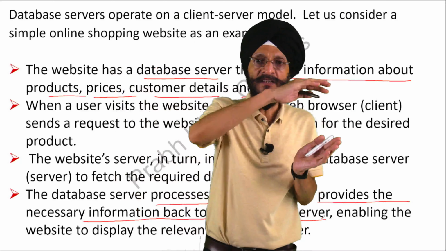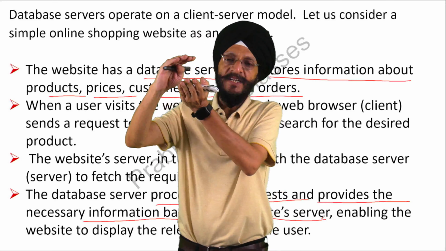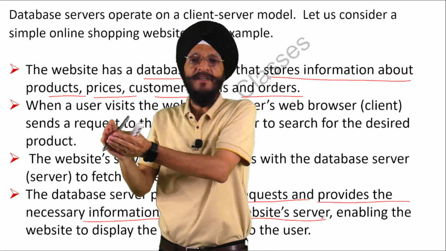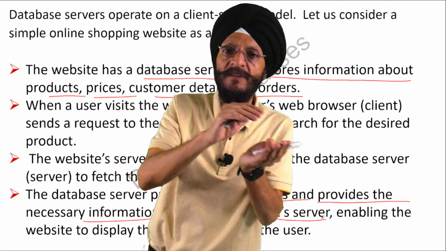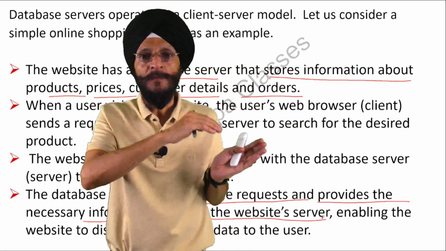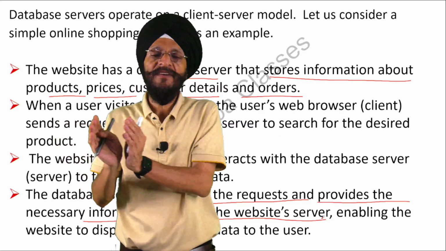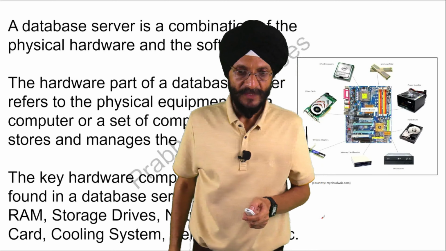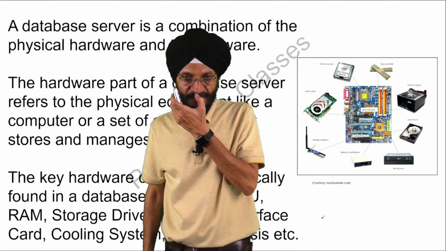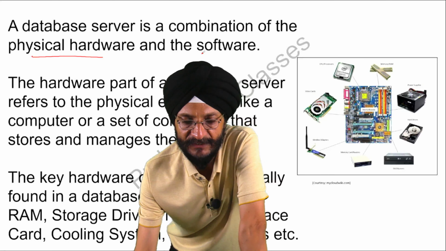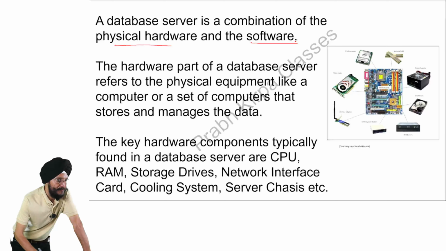So what is it all? The client visits the website server, the website server approaches the database server, the database server provides the result to the website server, and the website server provides the relevant information or the desired data to the user.